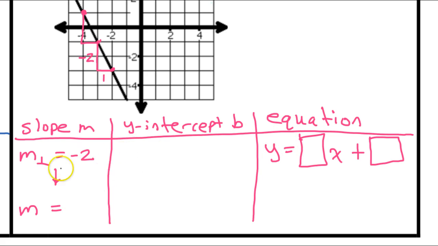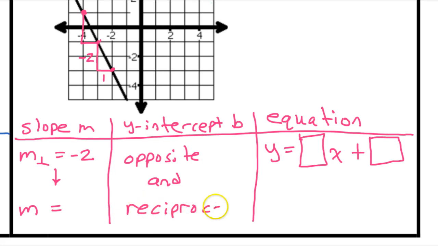And we know, based on previous problems in this very video, that perpendicular lines have slopes that are opposite and what? Reciprocal. Opposite and reciprocal. Remember that this is like negative 2 over 1.